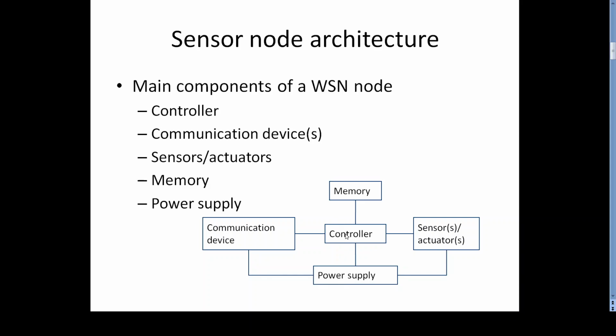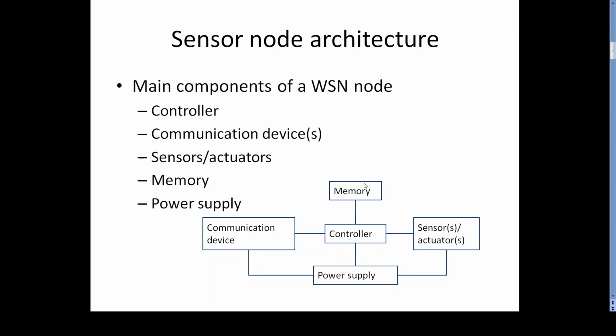The controller is going to be used to process all the relevant data, and it is able to execute arbitrary code. Memory is used to store the programs and intermediate data.